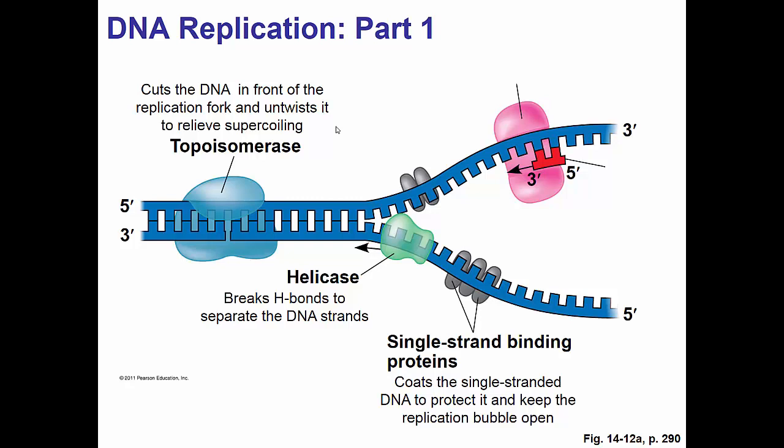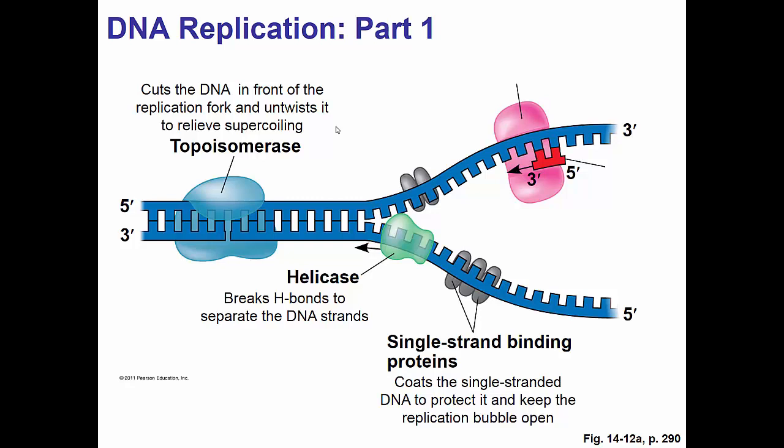So if you imagine that you had a rubber band in your hand and you were holding the two ends of the rubber band and you twisted it, then you separated the two sides of the rubber band, those twists would get tighter and tighter as you opened that bubble. So topoisomerase essentially relieves that tighter and tighter twisting that occurs on either side of the replication bubble.